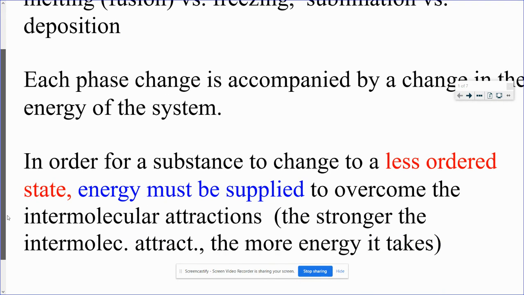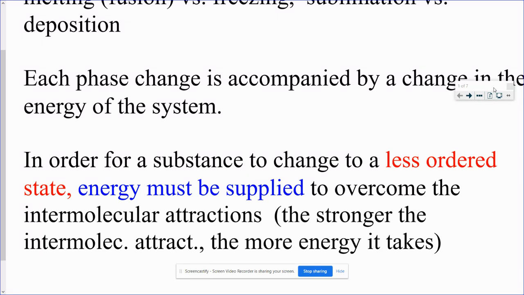So in order for a substance to change to a less ordered state, there must be energy supplied to it, because that's against nature. And that energy has to overcome the intermolecular attractions. The stronger the intermolecular attractions, the more energy it takes.